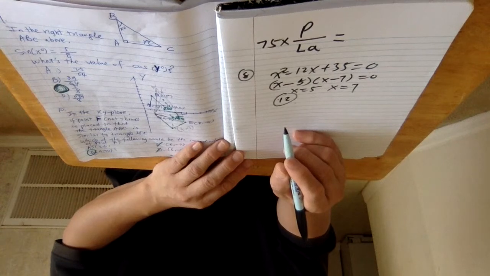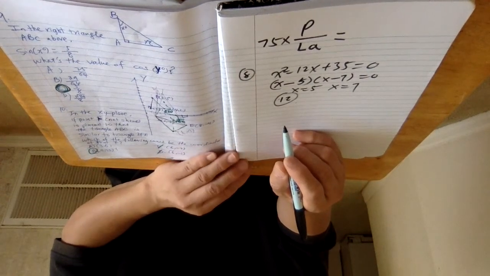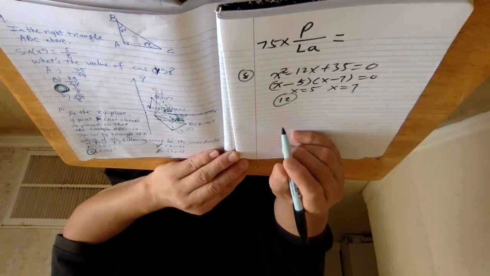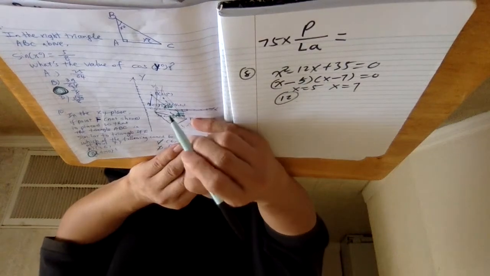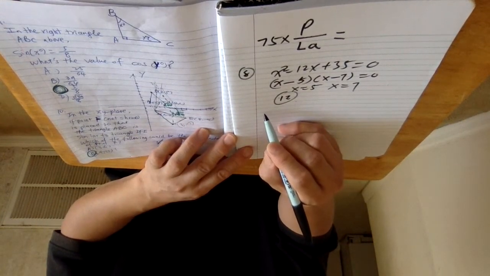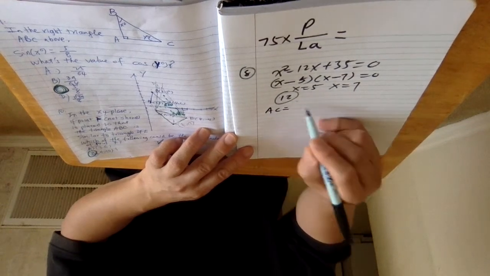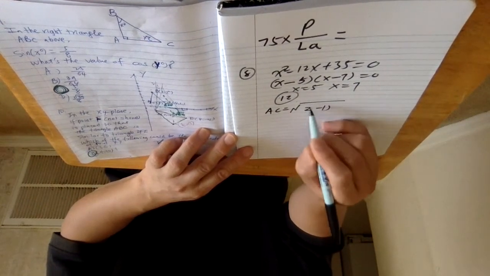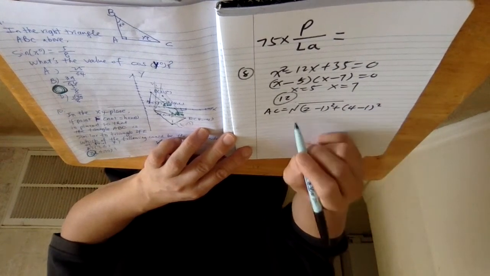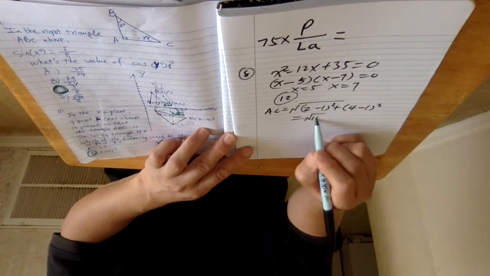Number 10. In the xy-plane, if point F, not shown here, is placed so that triangle ABC is similar to triangle DFE, which of the following could be the coordinates of point F? Using the distance formula with two points here, we figure out AC equals the square root of (2 minus 1) squared plus (4 minus 1) squared, which equals square root of 10.